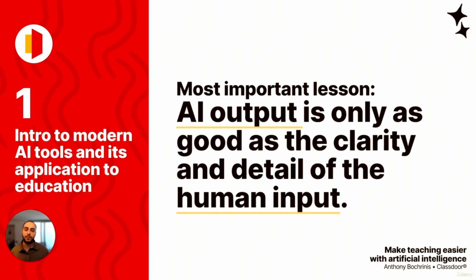We can't expect an AI to write an amazing essay if we ask it, write me an essay on apples. It's not going to produce something that's of high quality. However, if we gave the AI software really high clarity and detail of what it is that we precisely want as a teacher, then the quality of the output is only going to increase.